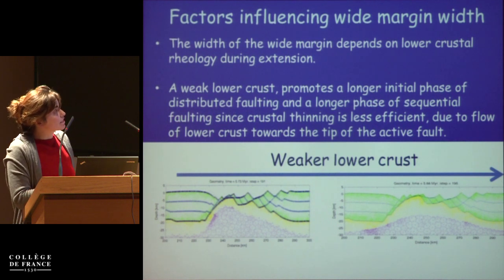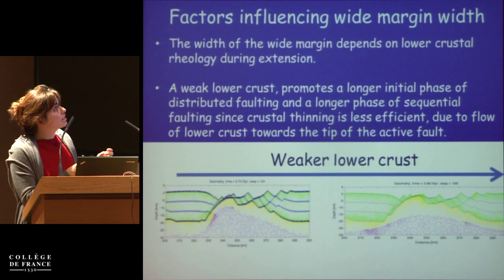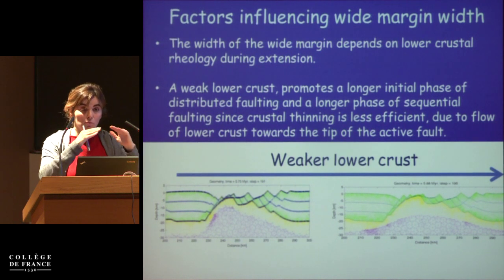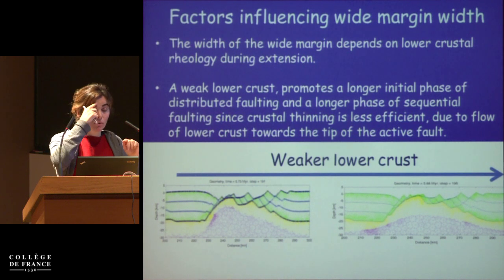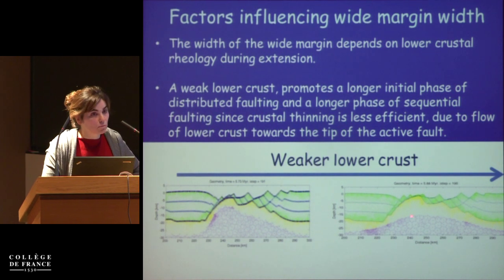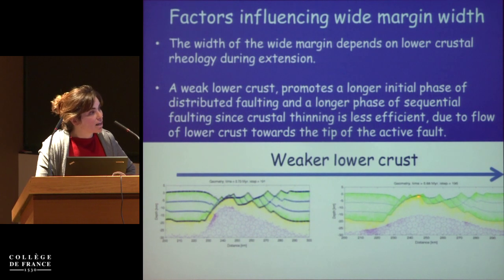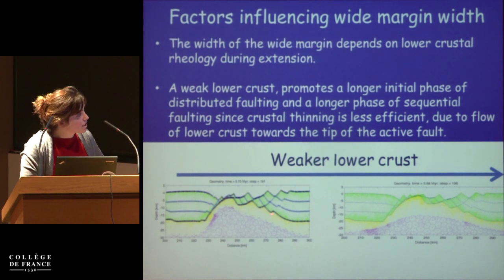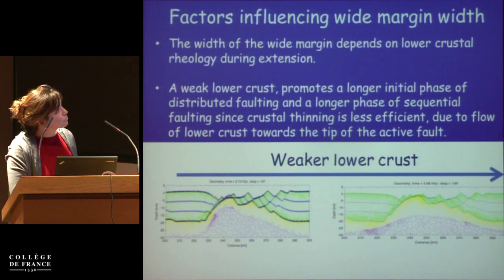This is the same as saying that the width of the margin depends on how much the lower crust can flow into the tip of the active fault. If the lower crust is very weak, it can flow a lot and replenishes the thinning crust, and then crustal faulting is not very effective at thinning the crust. If the lower crust is much stronger, crustal faulting is much more effective at crustal thinning.